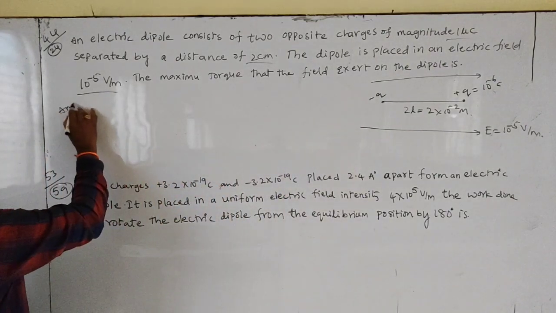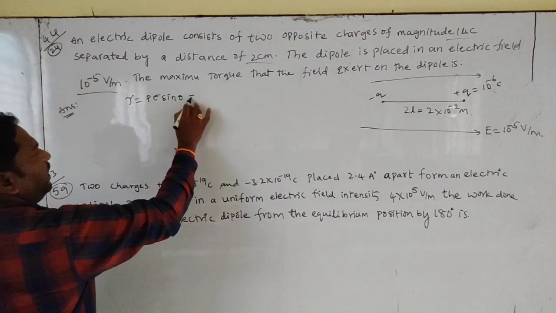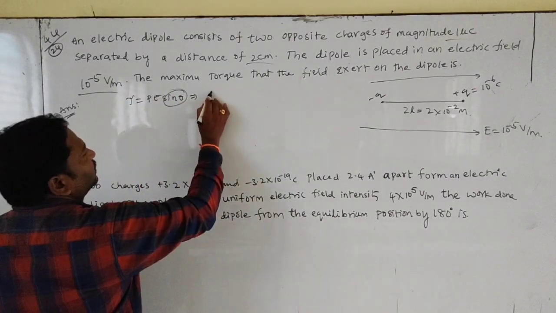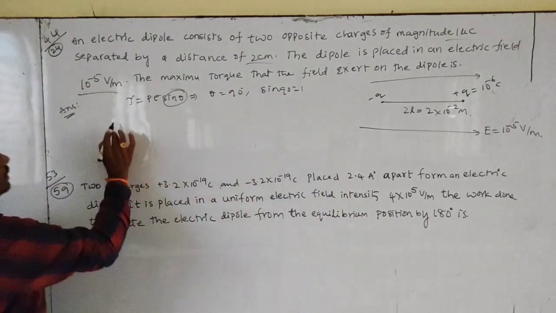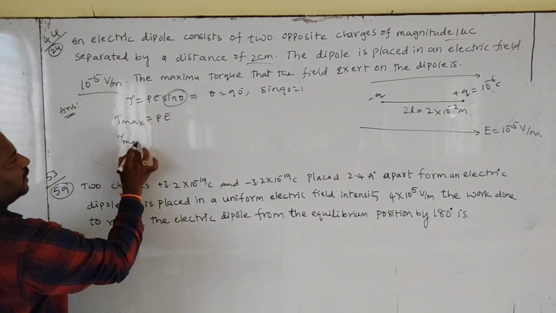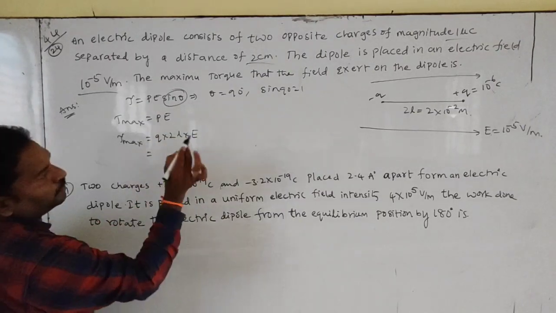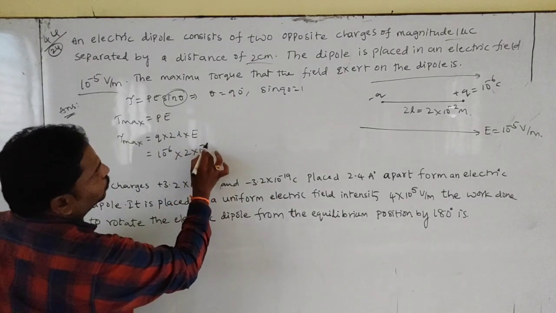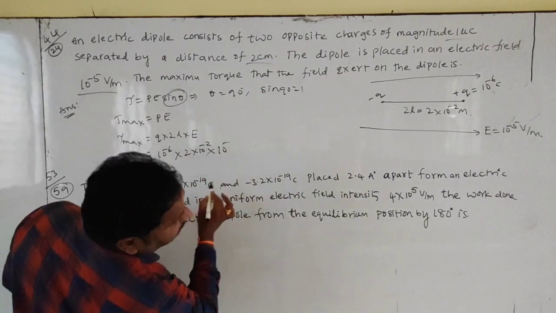So already we know the formula, tau equals pE sin theta. When sin theta is maximum, that is 1, tau becomes maximum. Theta equals 90, sin 90 is 1, so tau maximum equals pE, that is Q into 2L into E. So Q is 10 power minus 6, 2L is 2 into 10 power minus 2, into E, 10 power minus 5.